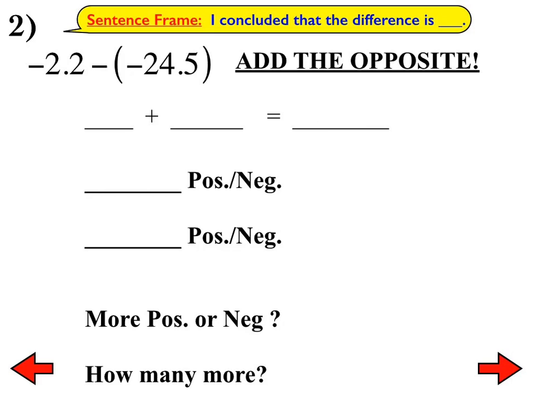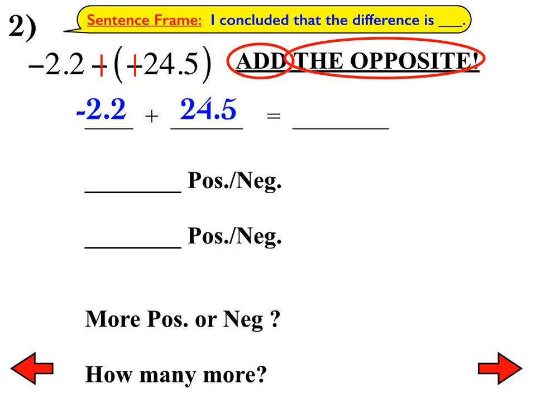All right, everybody try number 2, please. Negative 2.2 minus negative 24.5. Turning it into an addition problem by adding the opposite, it turns into, as you can see, negative 2.2 plus positive 24.5. And then at that point, we simply compare. Do we have more positives or more negatives? Positives.